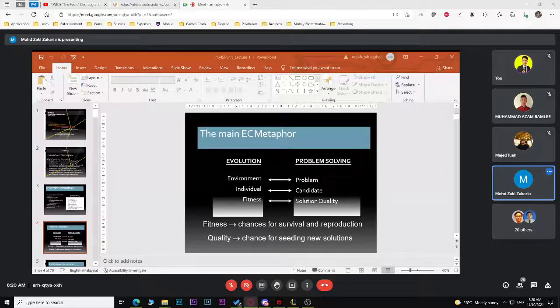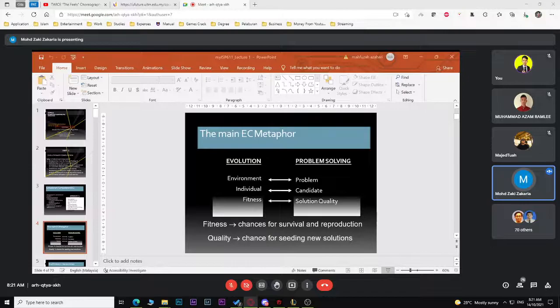Based on that mathematical formula, or fitness function, how do we evaluate it? We need to generate a chromosome, for example.